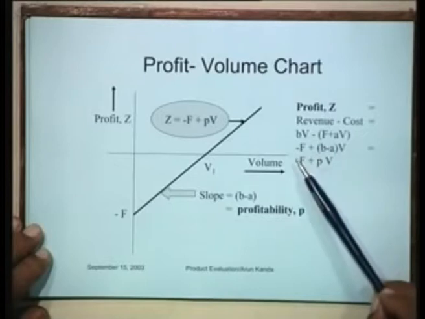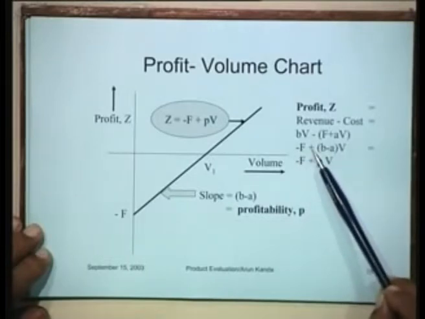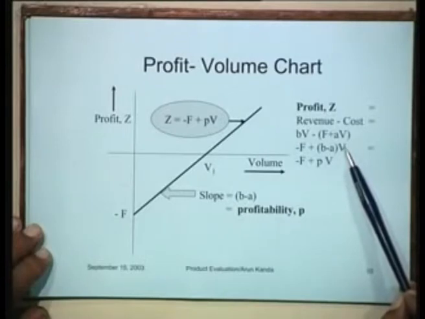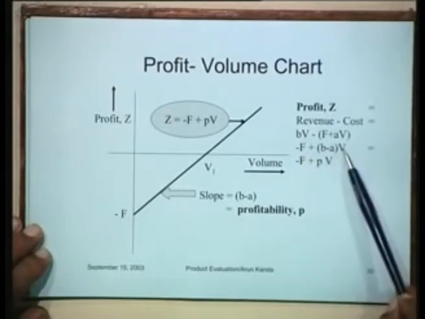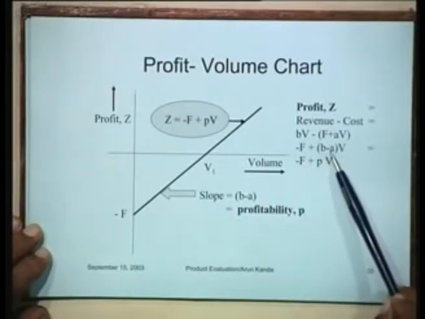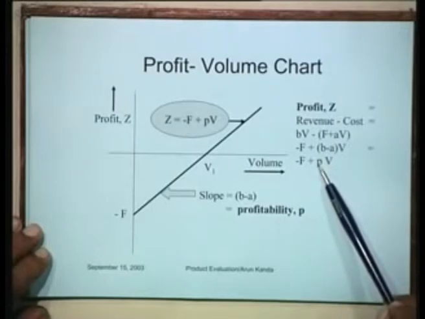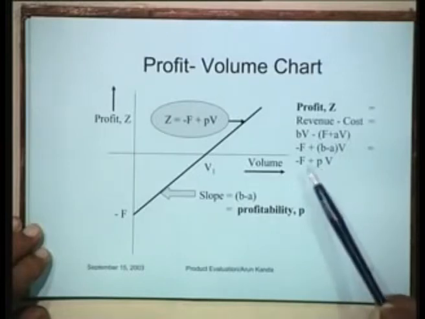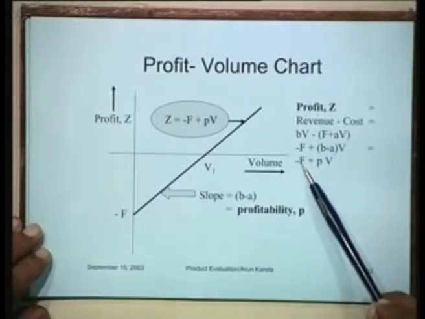So, this can be directly written as minus F plus (B minus A) into V. Now, this is nothing but the equation of a straight line, right? And if we denote B minus A by a constant P, we can simply say minus F plus PV, where P is the slope of the line and minus F is the intercept on the y-axis.